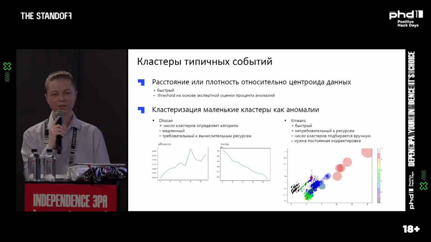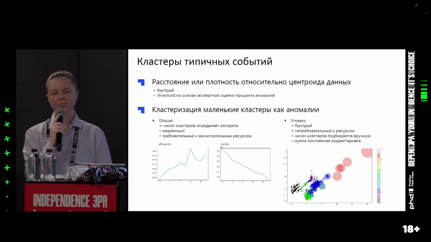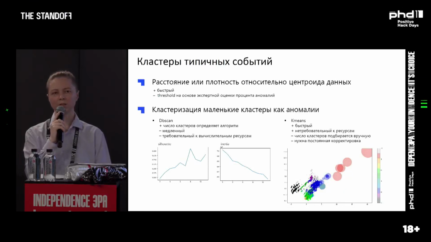A few words about the methods we tried. The first method we tried was clusterization. There are a few ways of using it. The first and the simplest one is to look for centroids of data and measure the distance to centroid, identify the threshold, and decide whether it's an anomaly or a normal event.